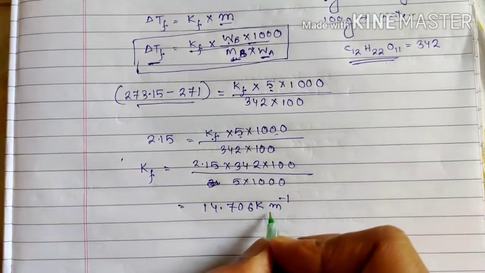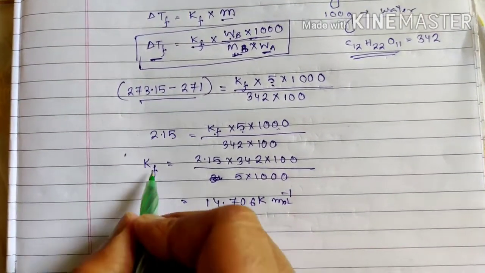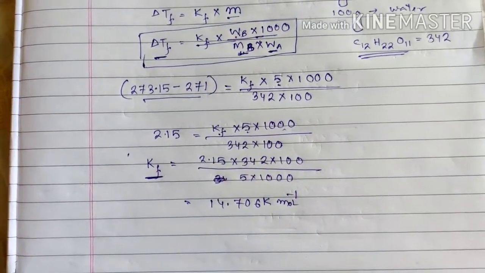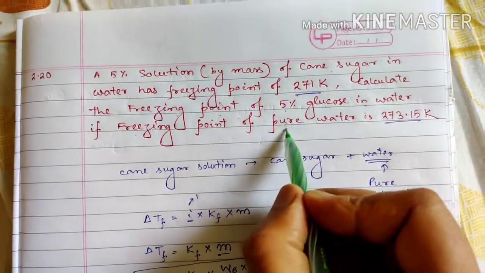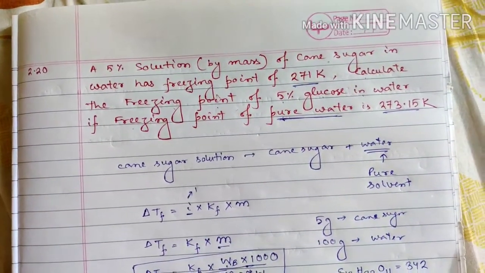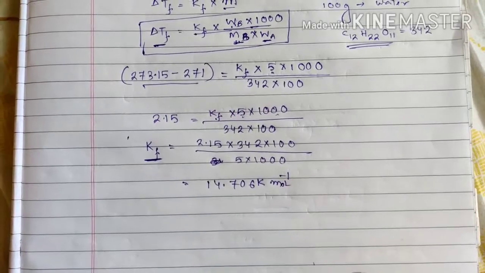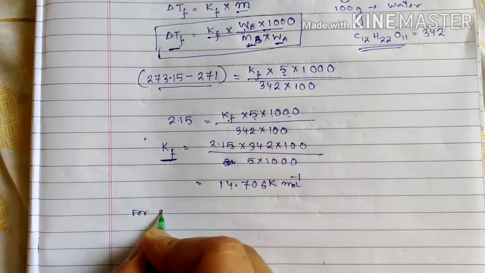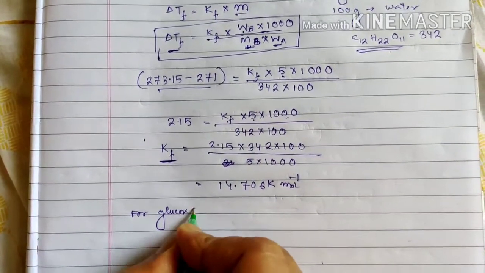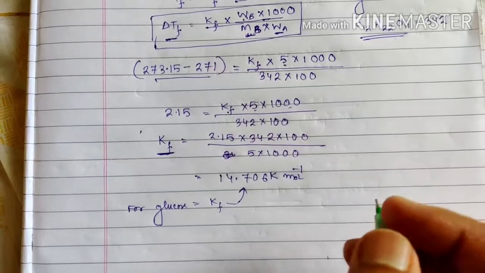Now, since we have already calculated KF, see the question once again. We have taken the same pure water as solvent. So the molar freezing point constant value will be the same. So for the glucose solution also, the Kf value will be this much.